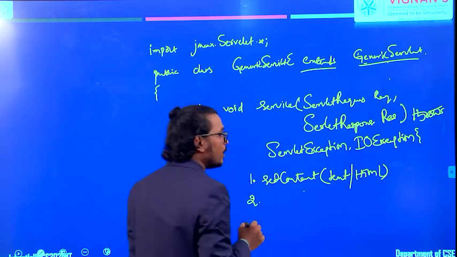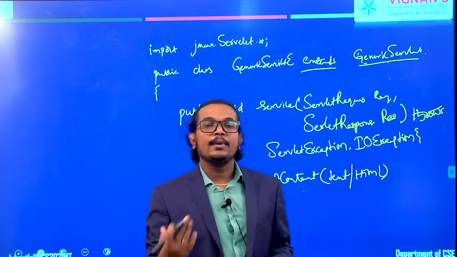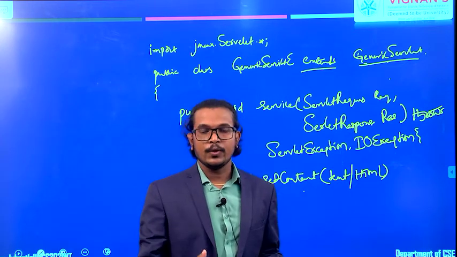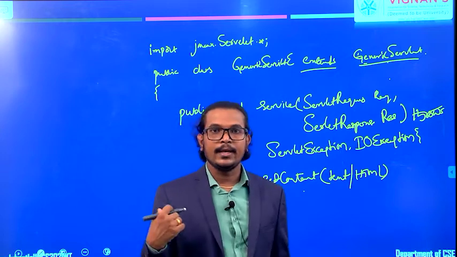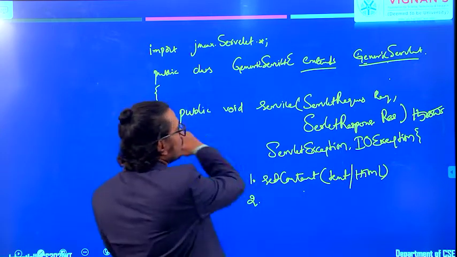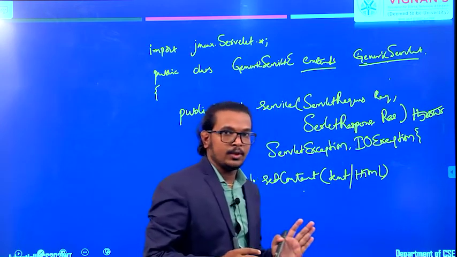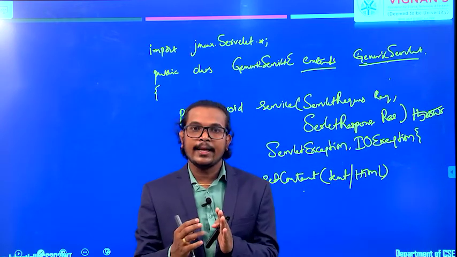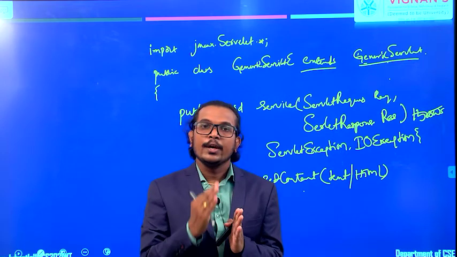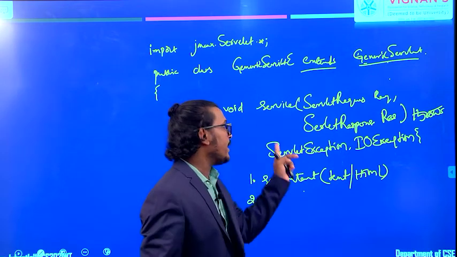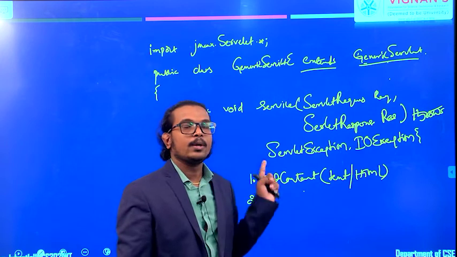Okay, so next, what you have to do? You are displaying some information to your client machine. First you are getting the request from the client machine. Once you get the request, you process it with the help of the service method.